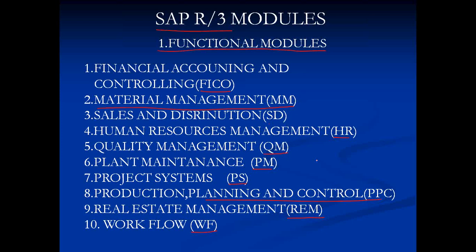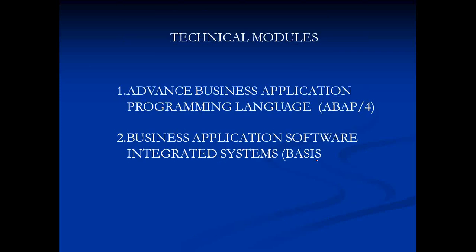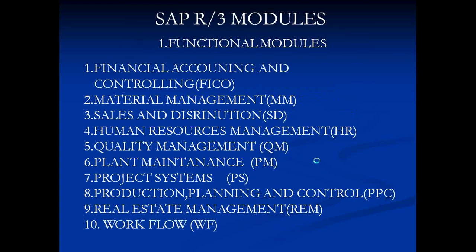In these functional modules, we need not write any programming at all. Here, if you learn any of the functional modules, you get a job as a functional consultant. And if you learn any of the technical modules, you get a job as a technical consultant. More particularly on the functional side, if you learn FICO, you get a job as a FICO consultant.